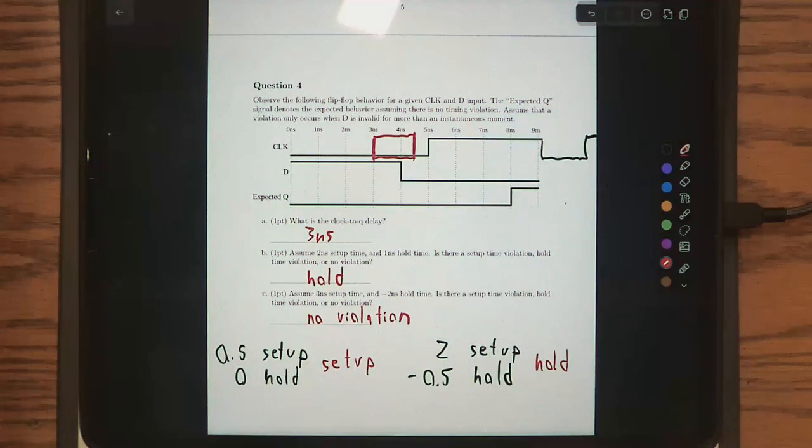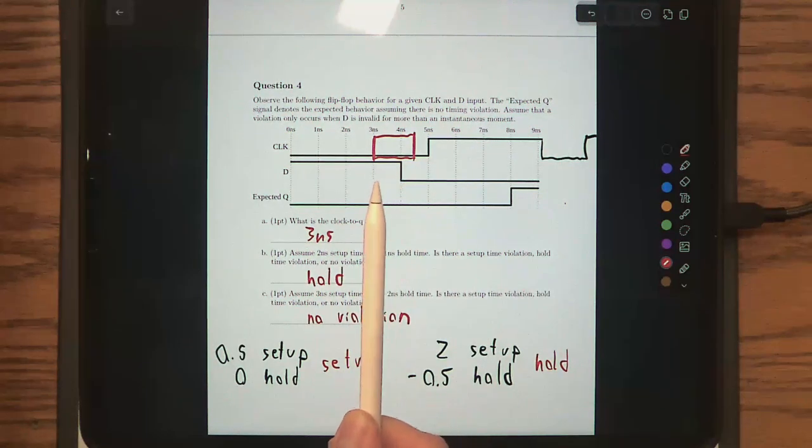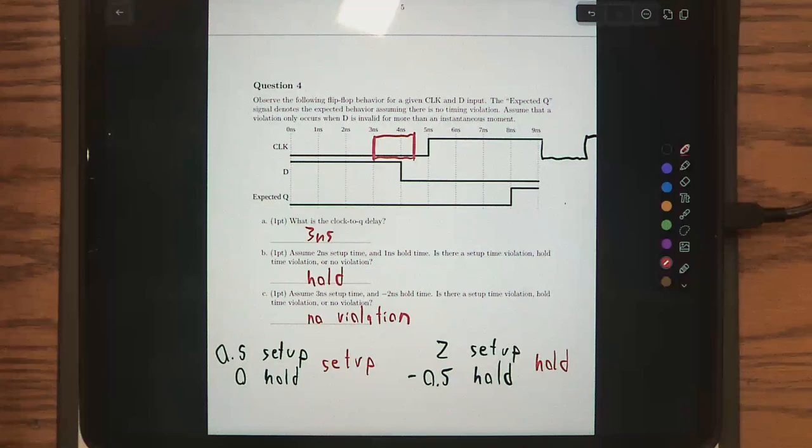Exactly. So there's only a single discrete opportunity to have a setup time violation. Correct. One single instantaneous moment. Yeah, exactly. And the setup time and the hold time always create the window.